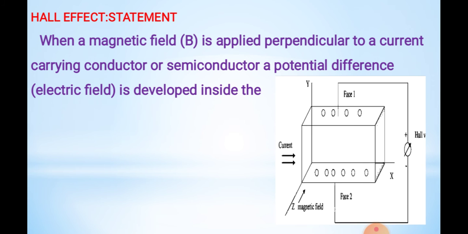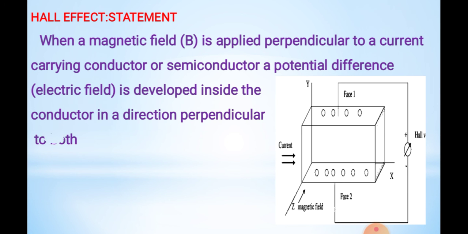I can state it this way: when a magnetic field is applied perpendicular to a current carrying conductor, a voltage or potential difference is developed inside the conductor in a direction perpendicular to both the current and the magnetic field. So this is the Hall effect.